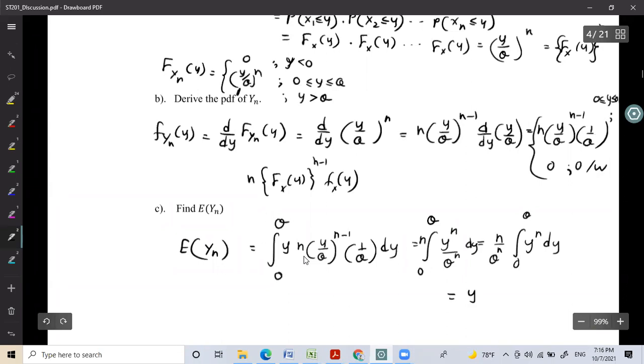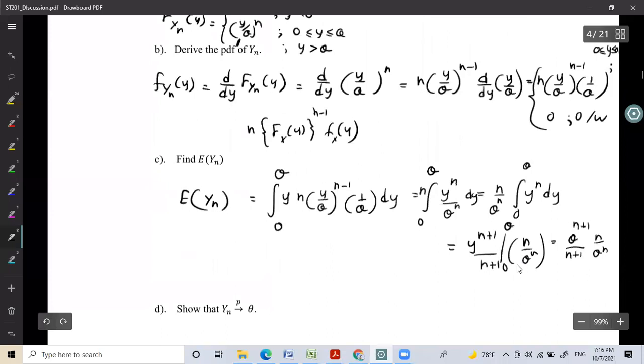This will be y to the n plus 1 over n plus 1, and outside you have n over theta to the n. And you evaluate from where to where? 0 to theta. So this will be theta to the n plus 1 over n plus 1, times n over theta to the n. So you can cancel the things, which will give you theta to the n plus 1 over theta to the n, so n theta over n plus 1.